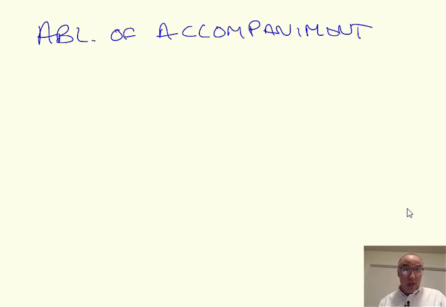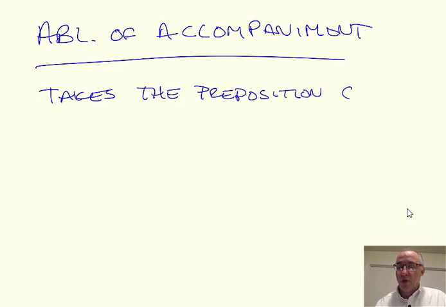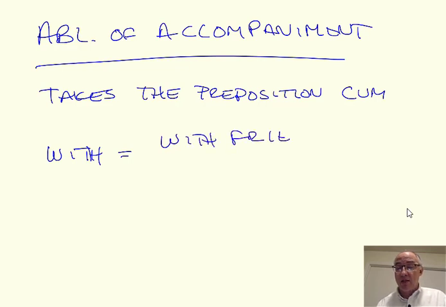When I say that Wheelock in the book put these together, it's because it also takes the preposition cum, and in this case it means with. With friends. He arrived with friends. He did it with them. He went to the store with them. It just means with friends. It's just in the company of.